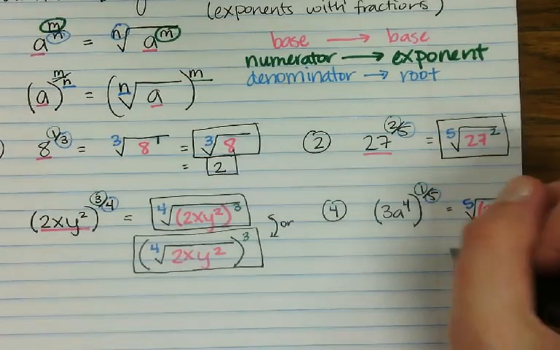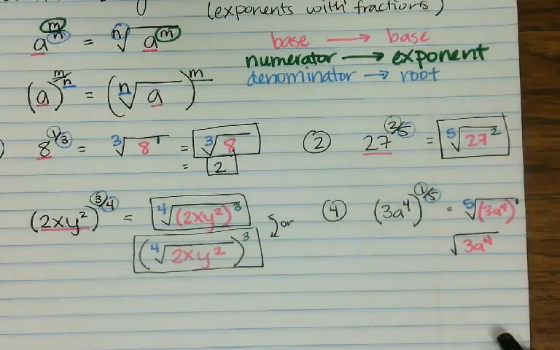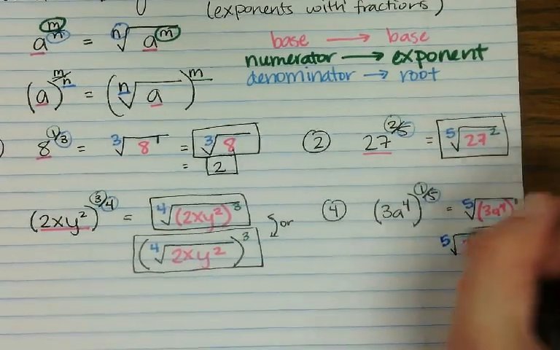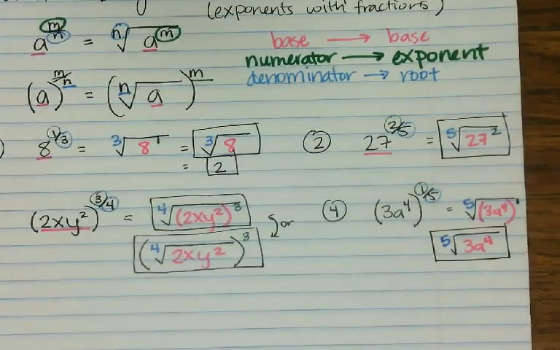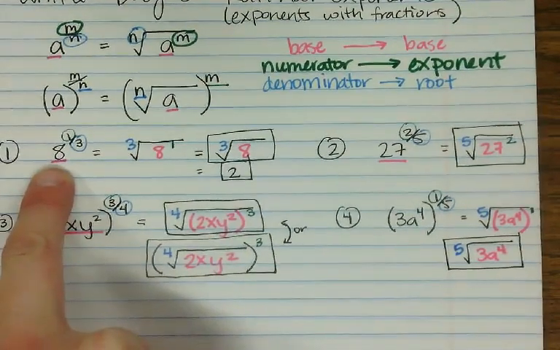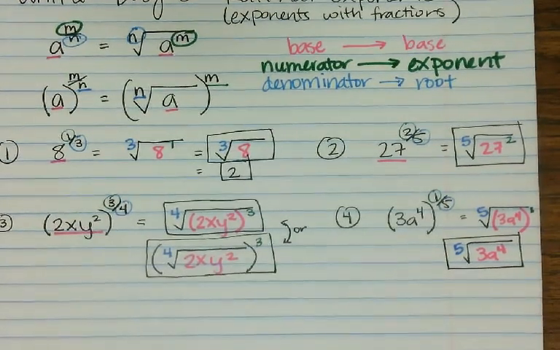No. How you would really write this is just the 5th root of 3a to the 4th. So you don't really need the 1, and if you don't have an exponent, you can drop your parentheses there. This is just us going back and forth between the rational exponents and the radical. Are you guys okay with that?